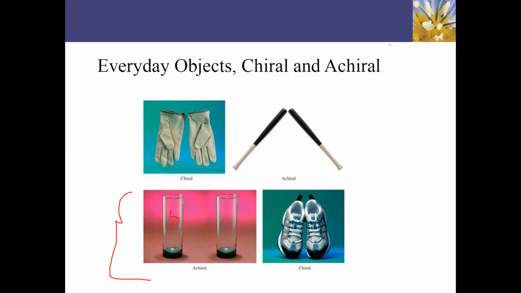But now you might be thinking, why are we studying chirality? Why is she teaching us this chirality? The reason for that is nature is chiral. Your body is chiral.